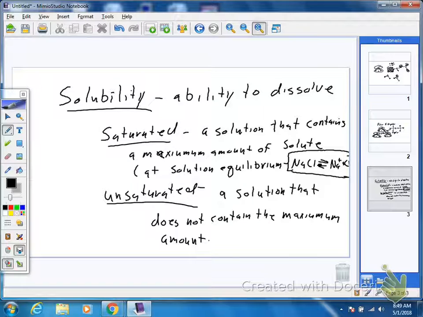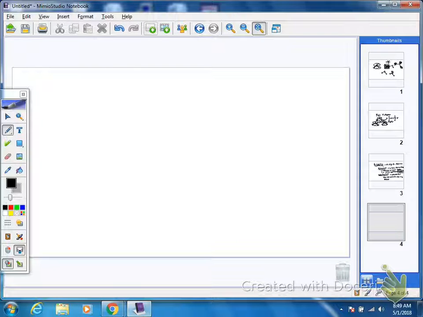Okay. So, let's talk a little bit about what types of things affect the solubility. There's a lot of factors that affect solubility. Okay, and we've already talked a little bit about it. So, what's one thing you can already tell me about what affects solubility? Temperature. Temperature, what else? We'll get into temperature here because it affects some things a little differently than others.